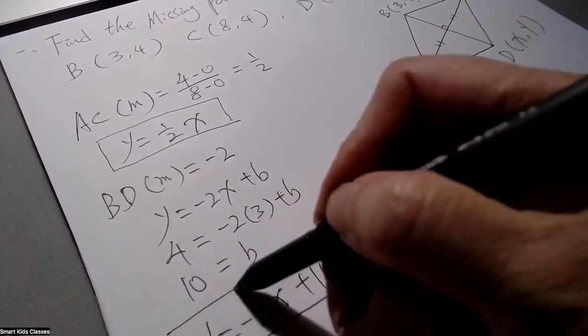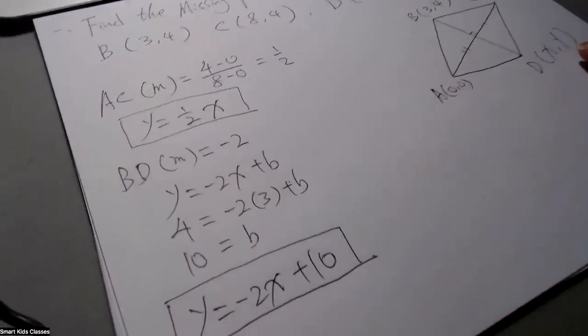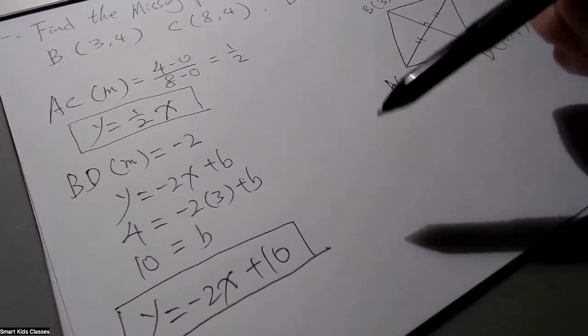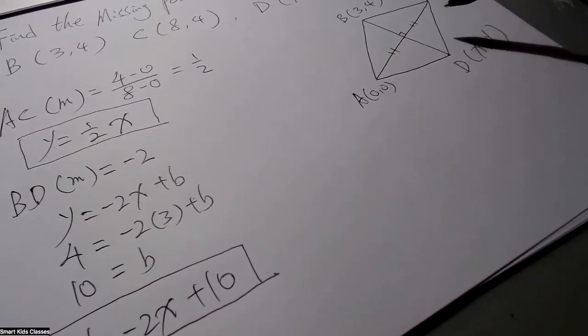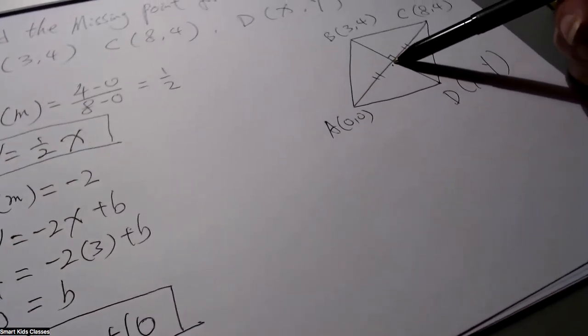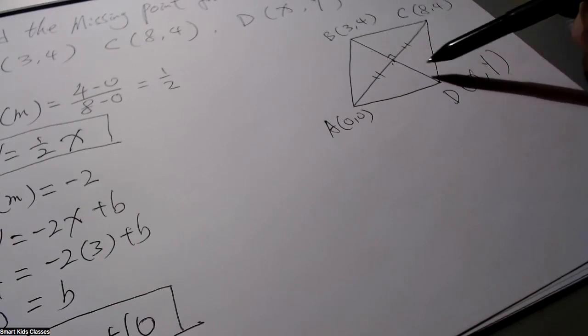So we draw the equation here. We're going to calculate the intersection point of the two diagonals. We find this point, and then we can use the midpoint formula to find the other end.